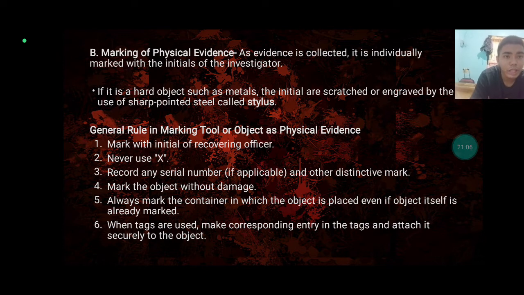Always mark the container with the object placed in it, even if the object itself is already marked. When tags are used, make a corresponding entry in the tag and attach it securely to the object.